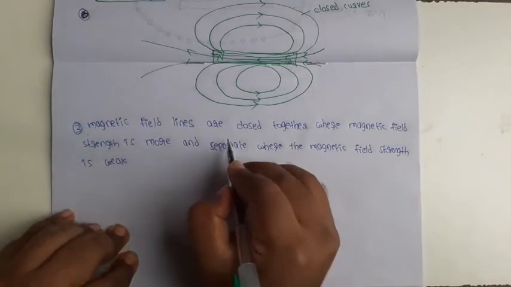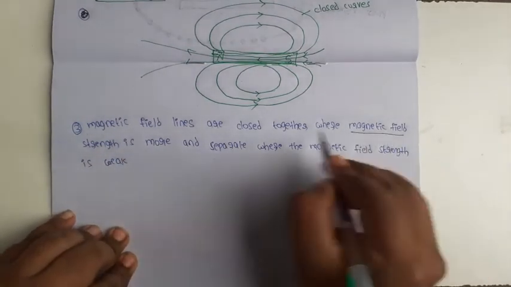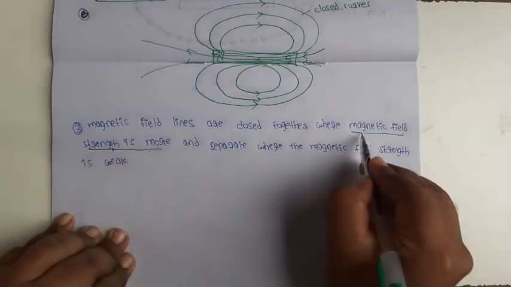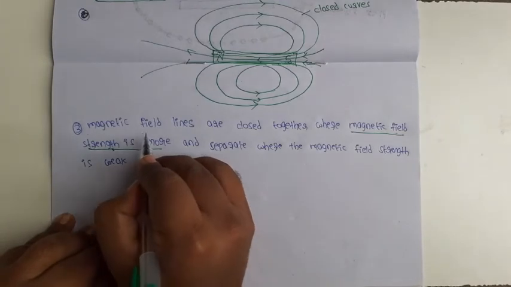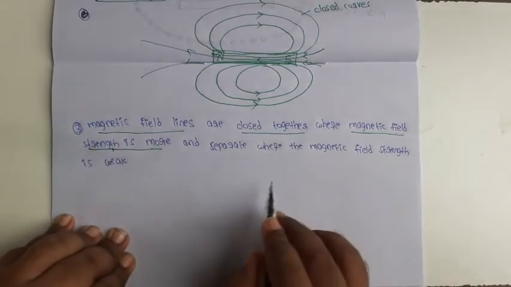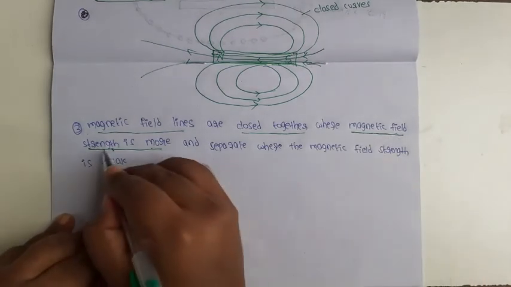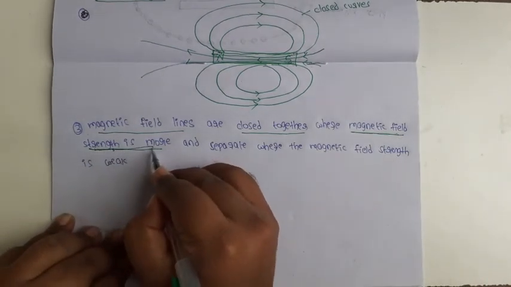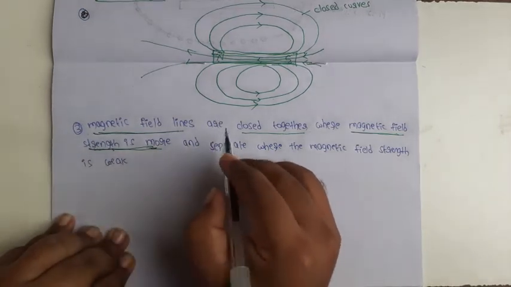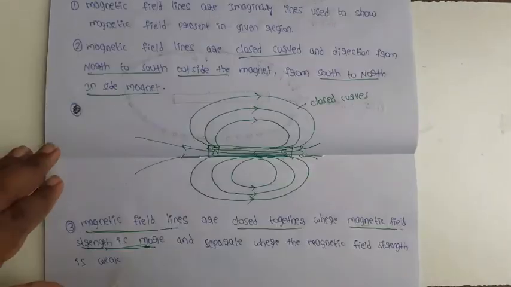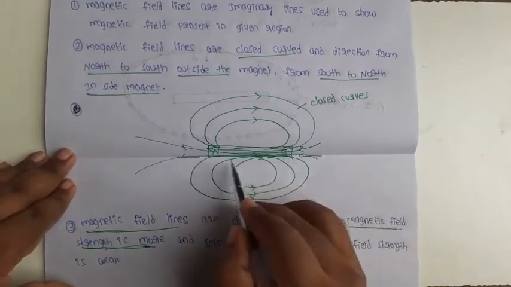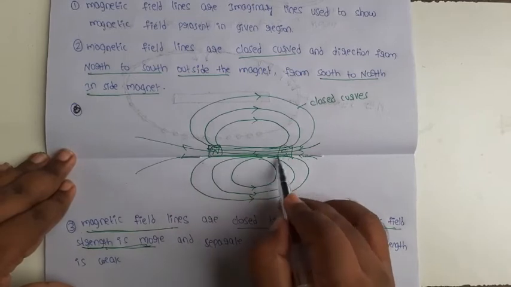What are we understanding? When the magnetic field strength is more, what happens? The magnetic field lines are close together. So the magnetic field strength is more at that particular point where the field lines are close together. Here the magnetic field strength is more.